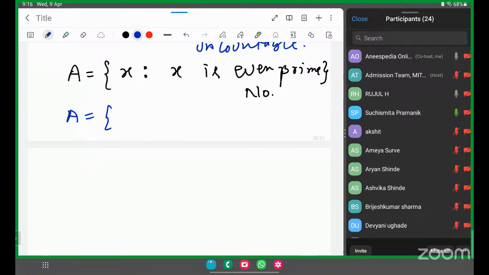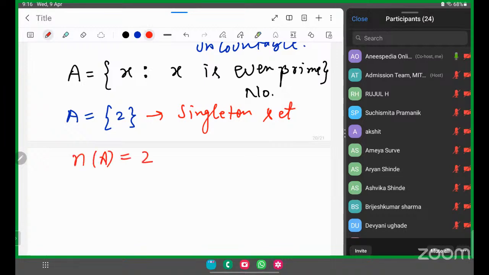Only two. The element is only two, which is the even prime number. So set A will have one and only one element, that is 2. Which means set A is singleton set. And its cardinal number is 1, which is finite. So this is finite set.